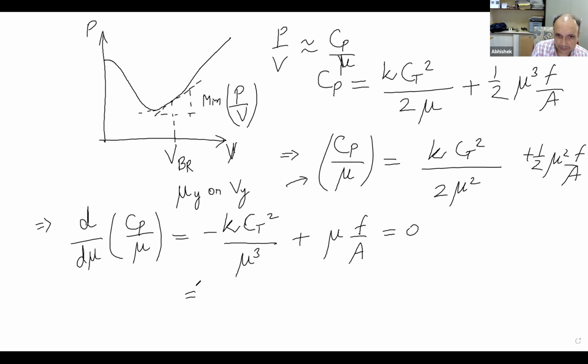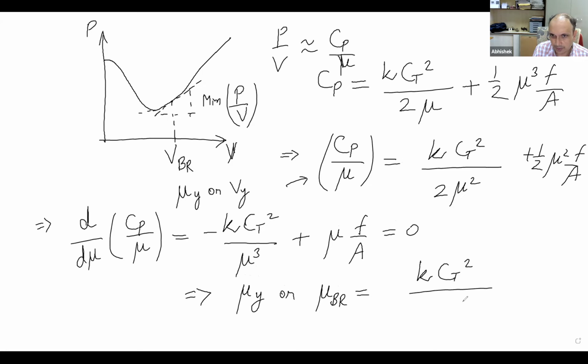So now I can easily find the expression for mu which meets this condition. I call this mu y, or I call this mu Br, which will be equal to kappa Ct squared over F over A, and this entire thing to the power 1 by 4.